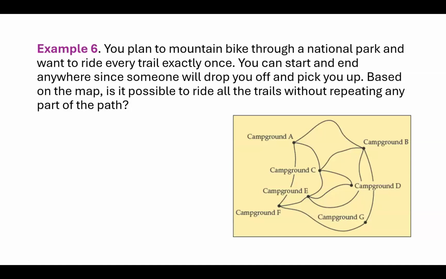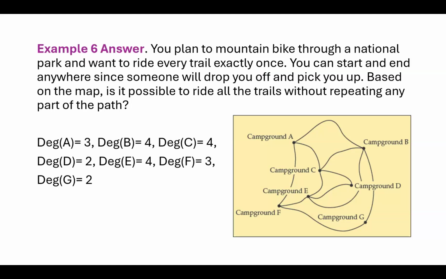And so this could be applied in this graph. I'm going to skip the whole scenario, but I think it's somebody on a mountain bike going around a national park, and this person wants to go around the trails exactly once. Basically, this person is trying to create an Euler path.